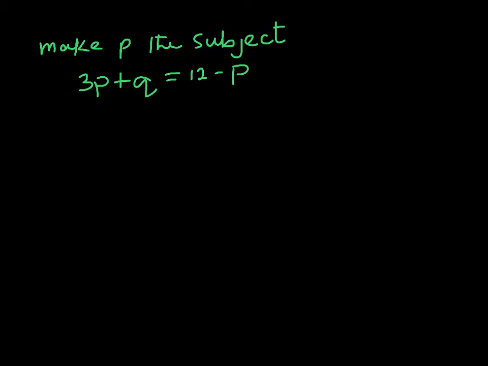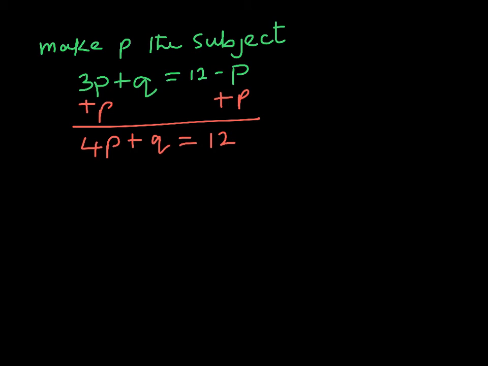So to bring p to the left side, we're going to add p to this side and also add p to that side. If we do that, 3p plus p gives us 4p plus q is equal to negative p plus p is 0, so equal to 12. Okay, so that's the first step.